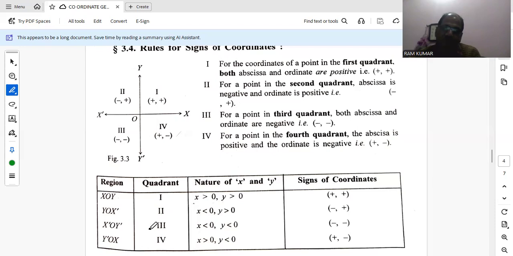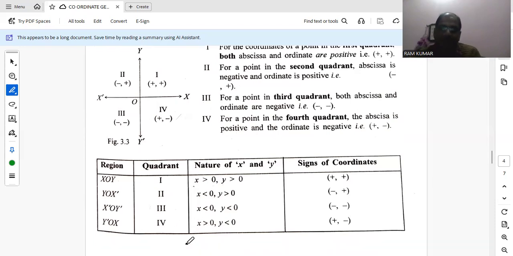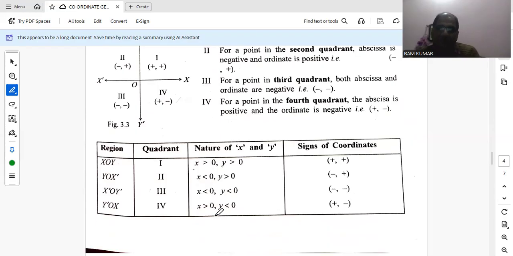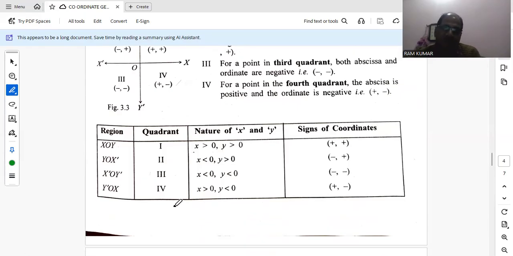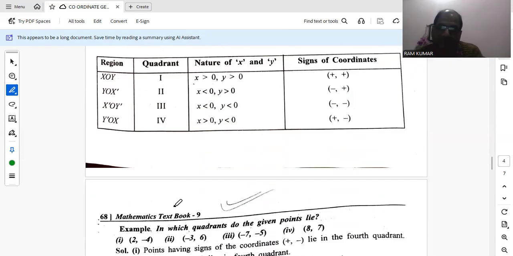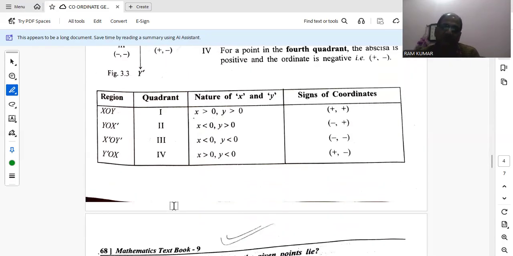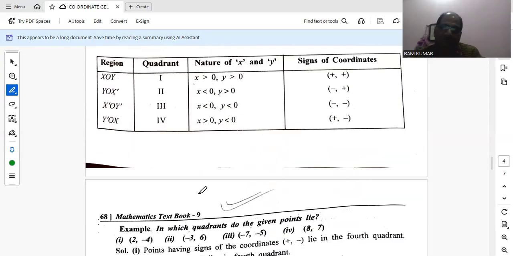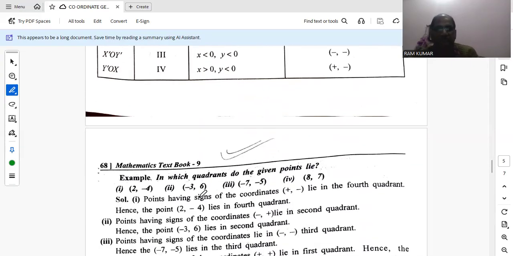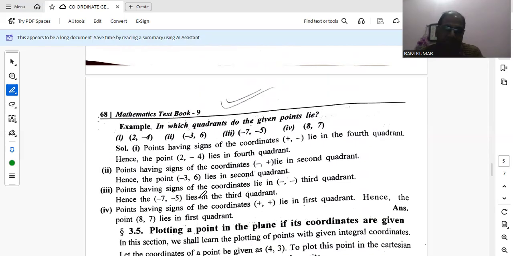Then this point will lie in the third quadrant. And the last, x is greater than 0 and y is less than 0, means x is positive and y is negative. Then the point will lie in the fourth quadrant. So in this way, you can decide by seeing the nature of the coordinates in which quadrant the point will lie. Now here some examples are given.